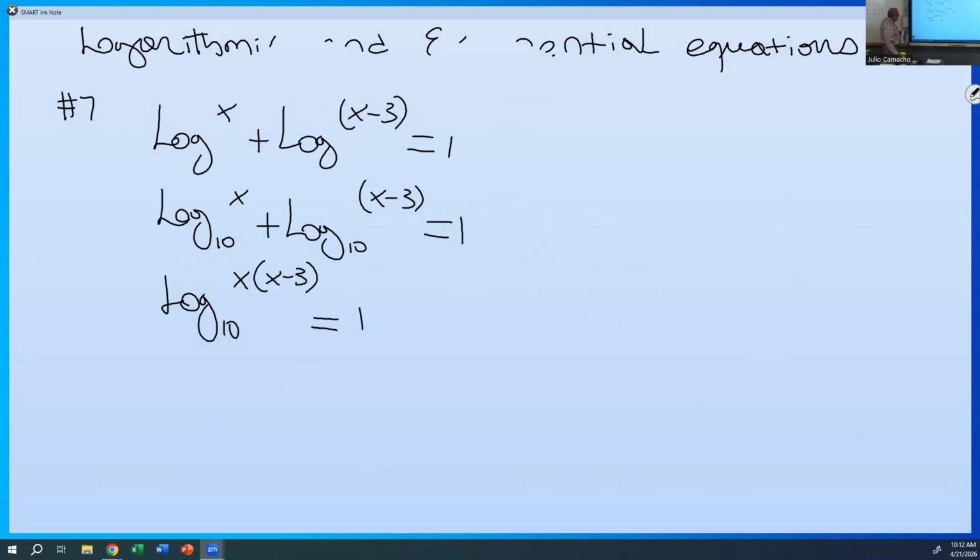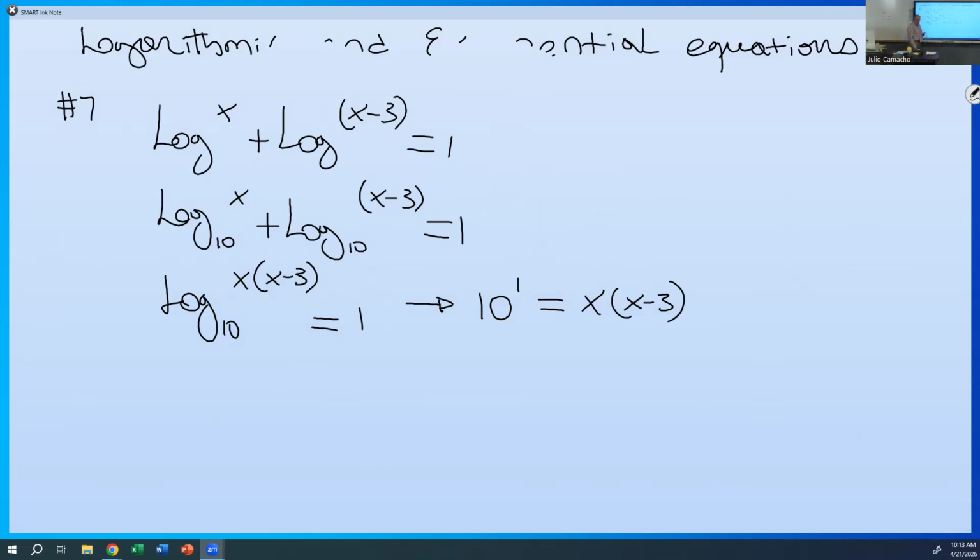So what can we do now? What will be your next step? It'll be 10 to 1. We go to exponential form. The base to the power of what is on the other side of the equal sign is equal to the argument, x times x minus 3.